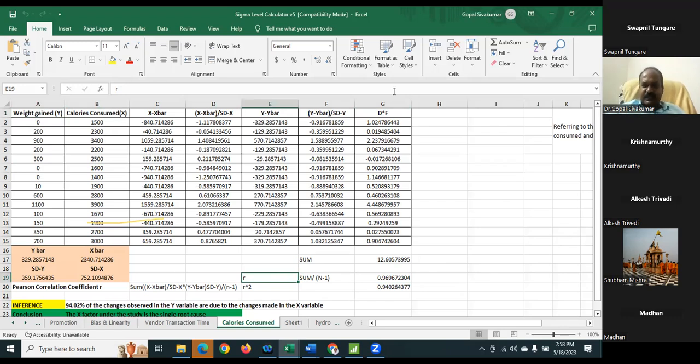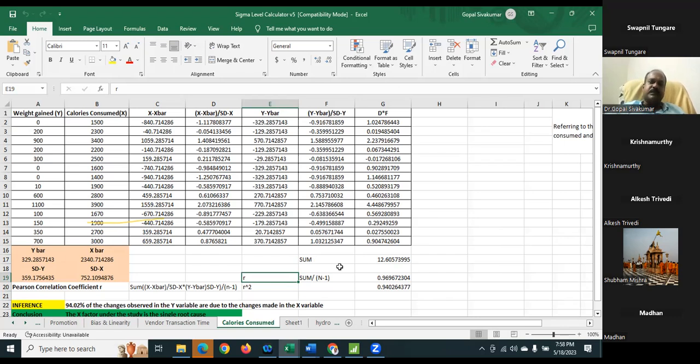If you all stand in a zigzag manner and somehow I make data out of it and apply here, then R will fall down, isn't it? It will approach 0. Because how are you standing? They're all standing in a zigzag manner. So similarly, depending on the position of the points, the R value comes.